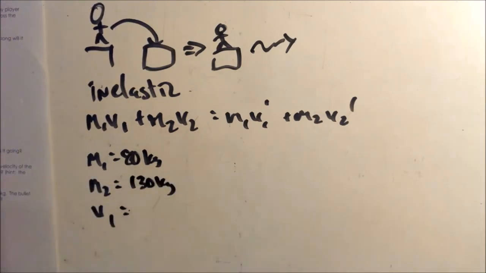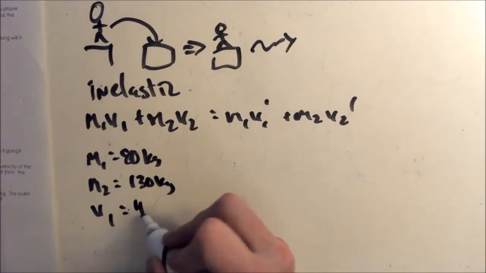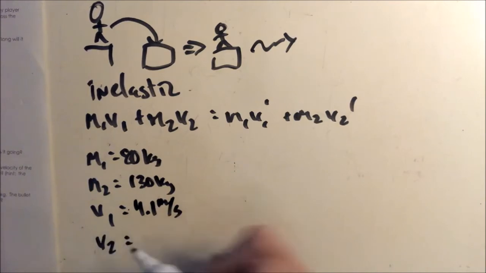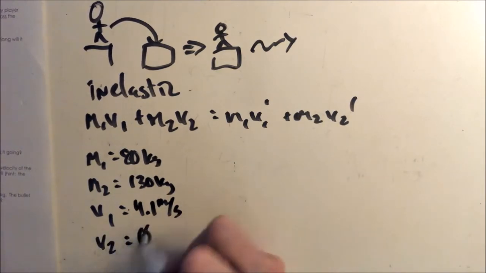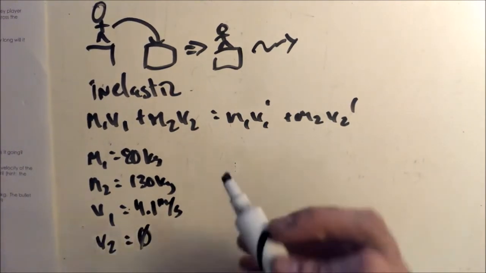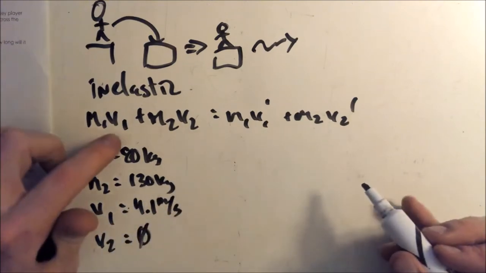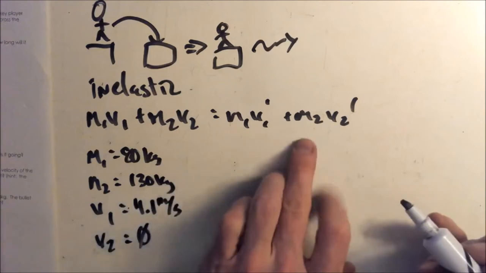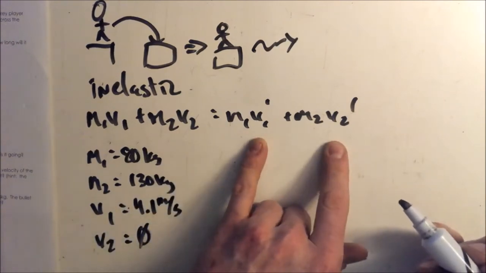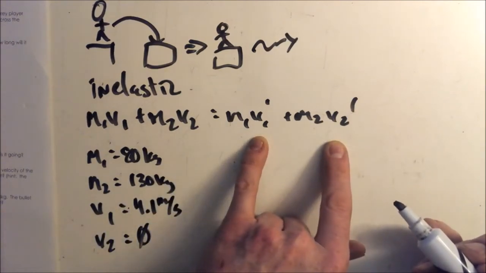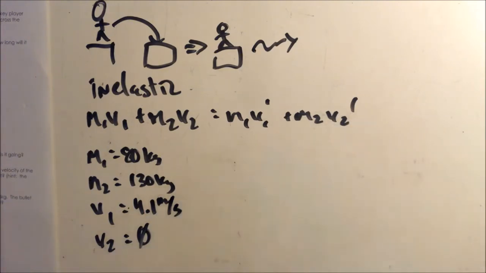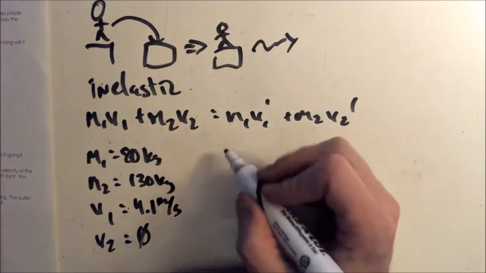V1, the velocity with which the man is moving to begin with, is 4.1 meters per second. And the initial velocity of the boat, since it's at rest, is 0. We know m1, m2, v1 and v2, but we don't know v1 prime and v2 prime. But we already said these two are equal, so they're the same value, which leaves us with only one unknown.